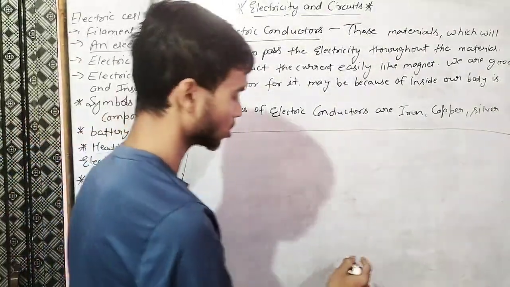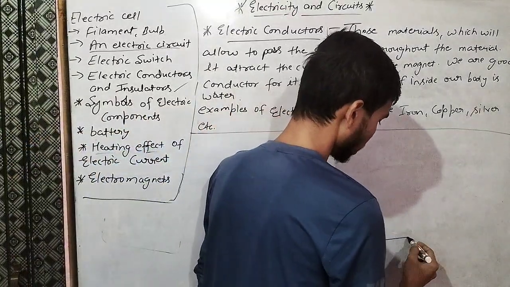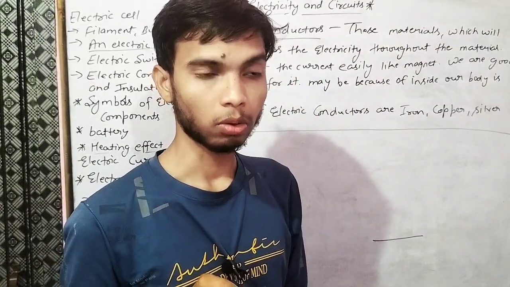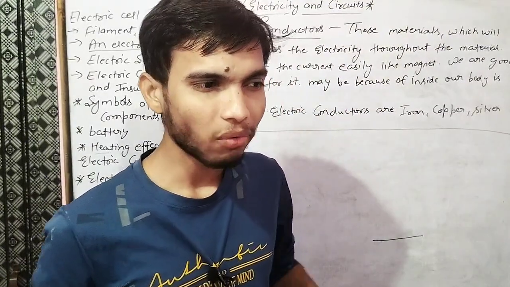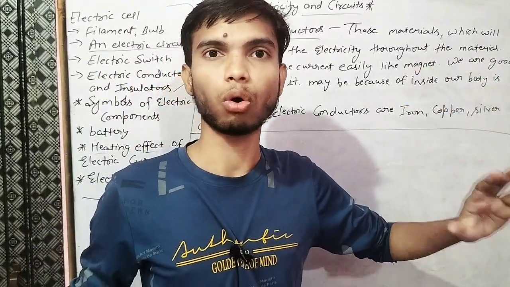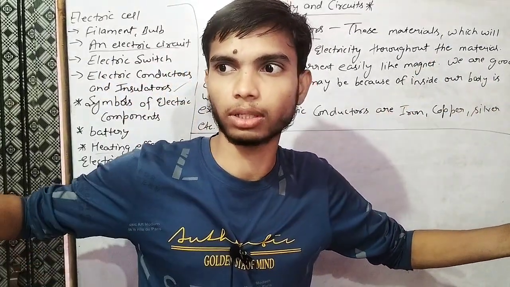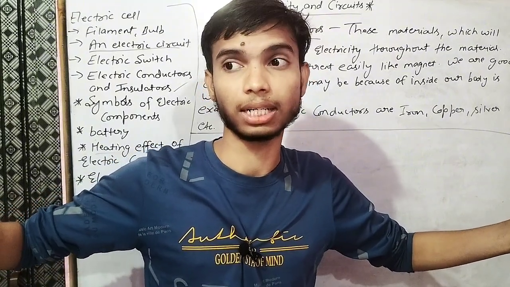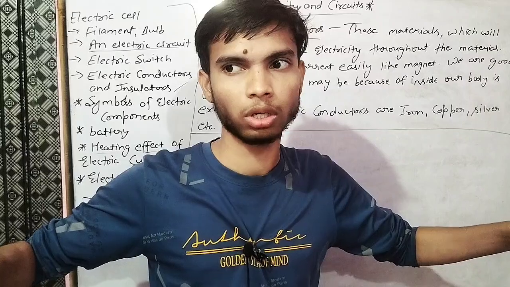So we are using a wire. The wire will be connected to an electric device, and with the connection to the electric device, electricity is coming from the electric device.